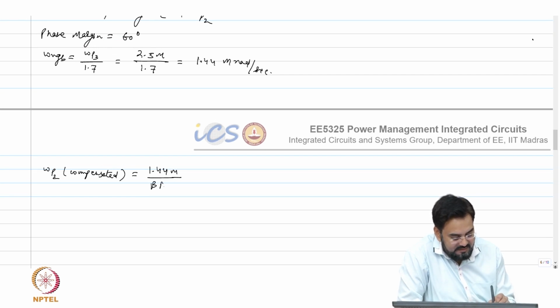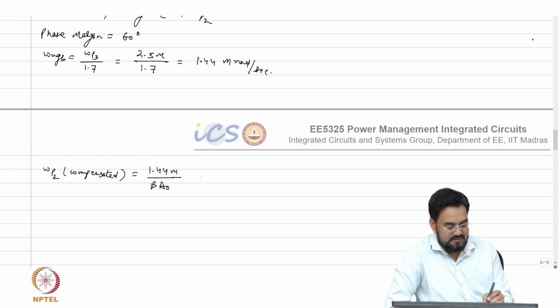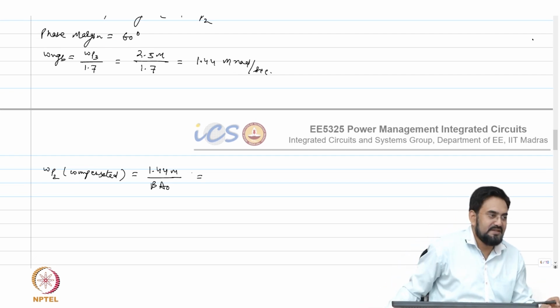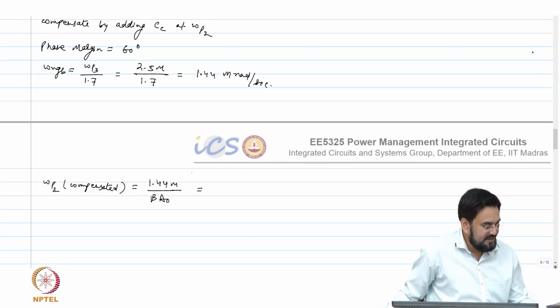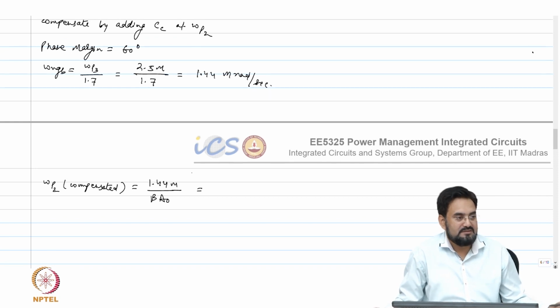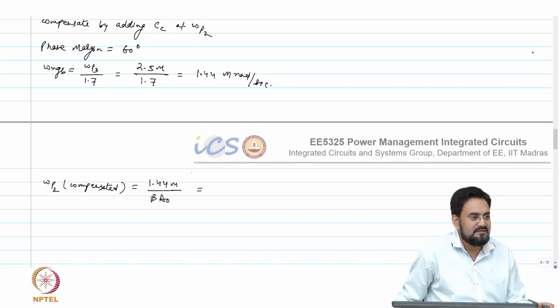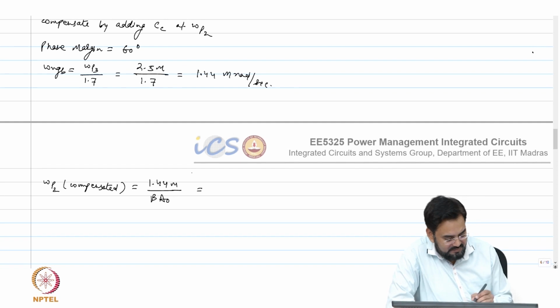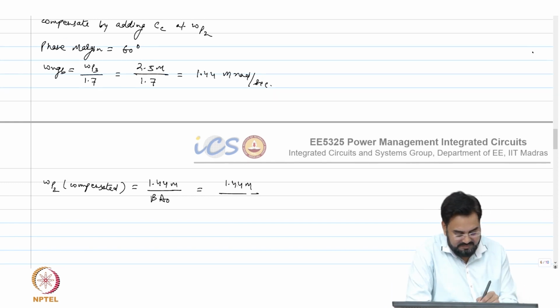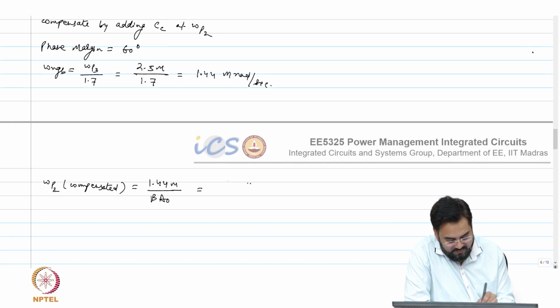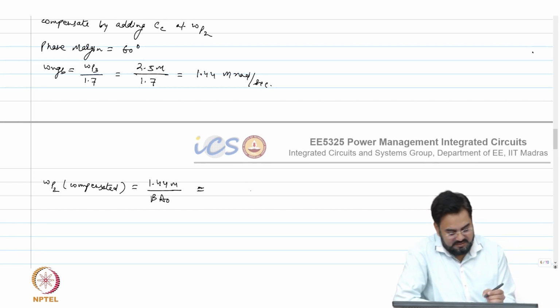DC gain is beta A naught, which is roughly 70 dB. And 70 dB is how much? 3000. Okay, so divided by that, let me just write the final number. 400.